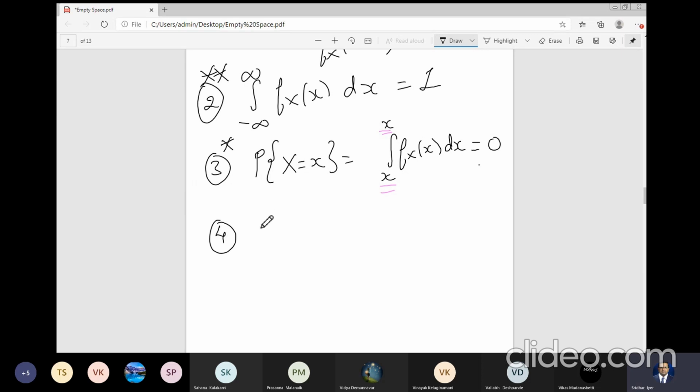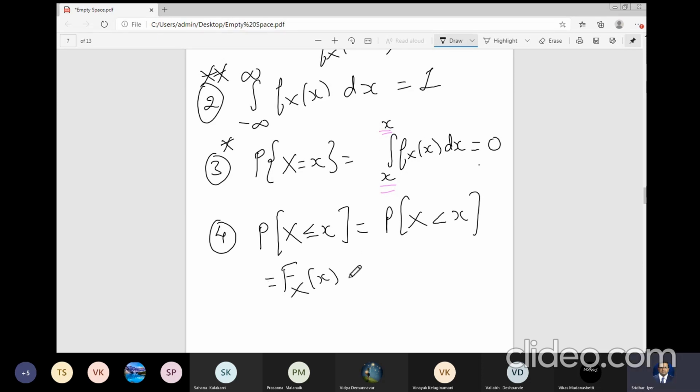Then we have a fourth property. If you want to find p of X less than or equal to x, or p of X less than x, this will be nothing but Fx of x, which is the CDF, and this can be written in terms of the PDF, which will start from minus infinity and go till this value x here.